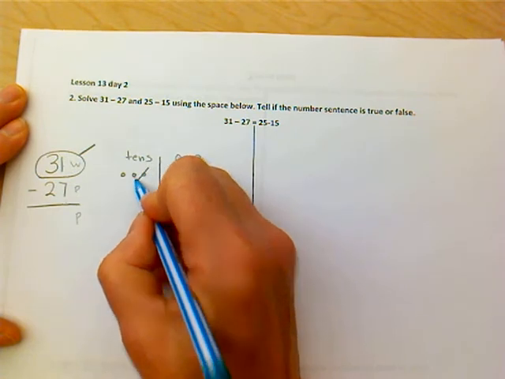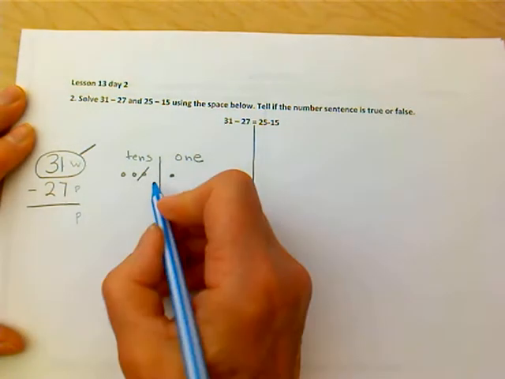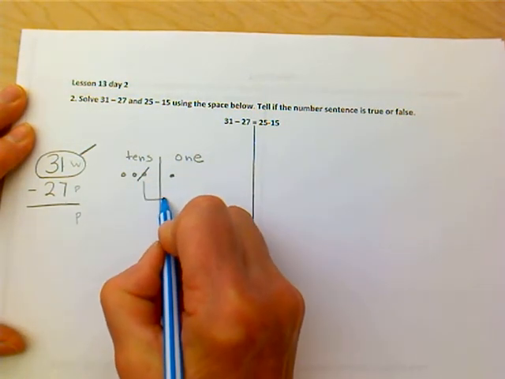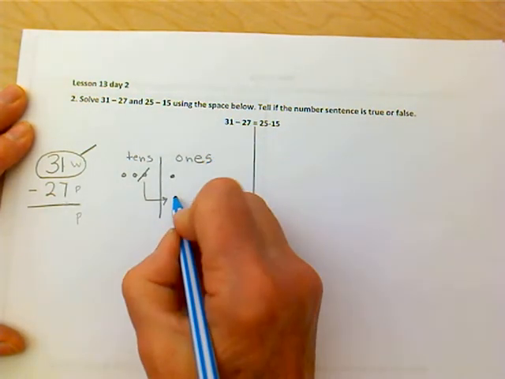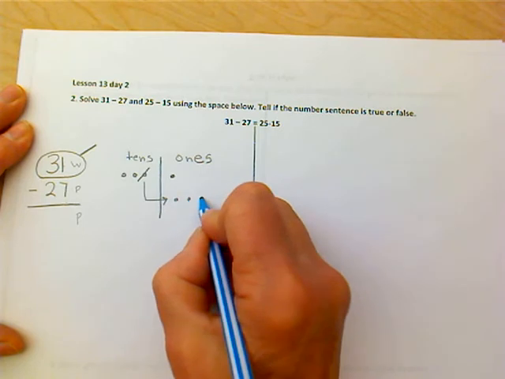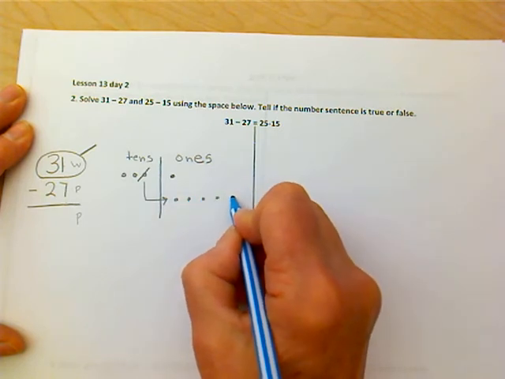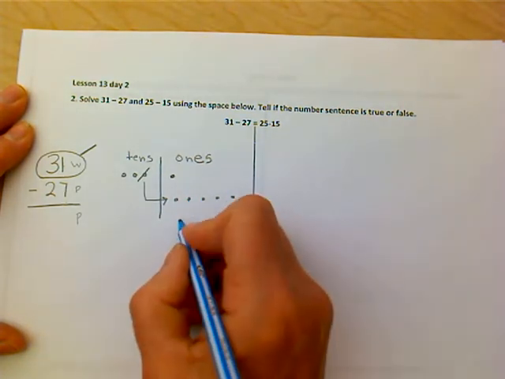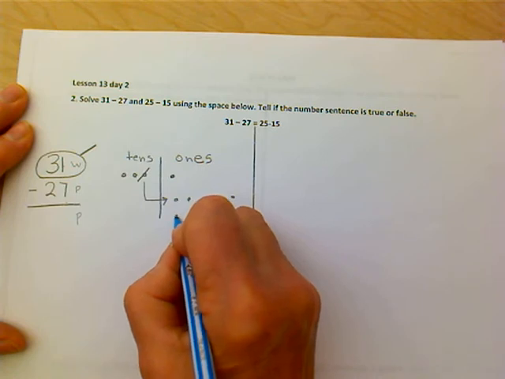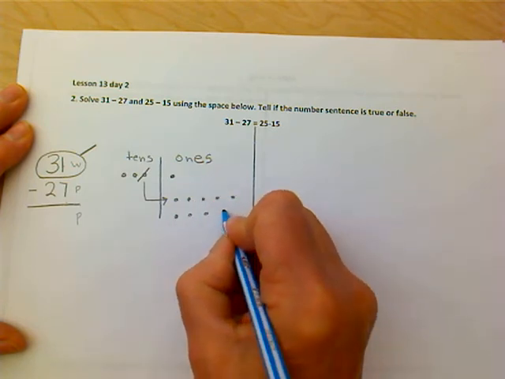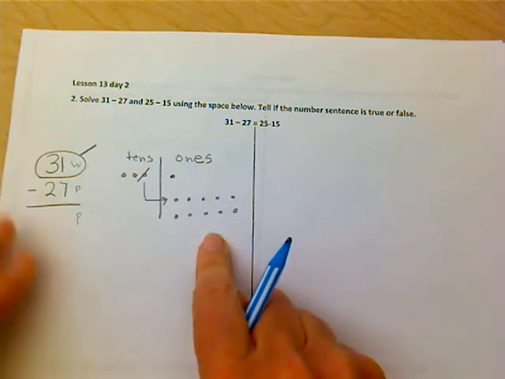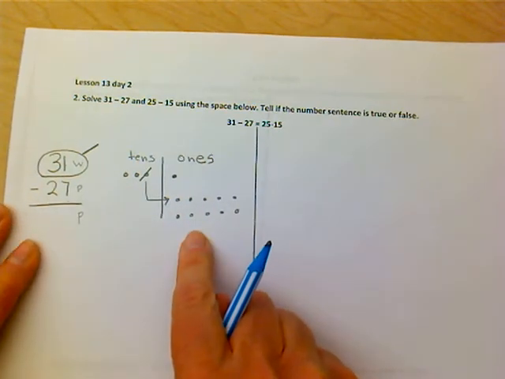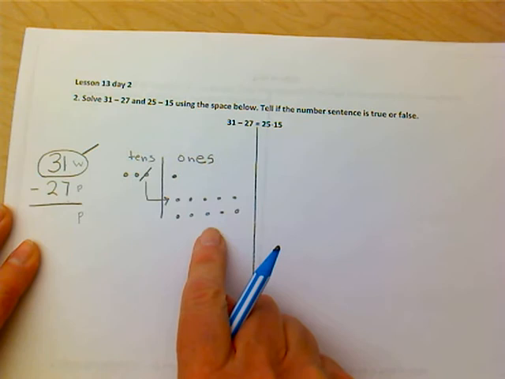I'm going to cross it out with a slash because it's not going anywhere. It's just being exchanged or moved into the ones. Carefully, 1, 2, 3, 4, 5. Notice how I'm leaving a good space in between my chips. 6, 7, 8, 9, and 10. Didn't go anywhere. It just exchanged or decomposed or moved into the ones.